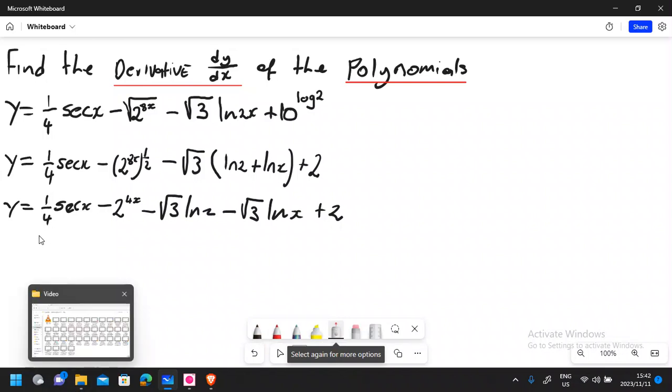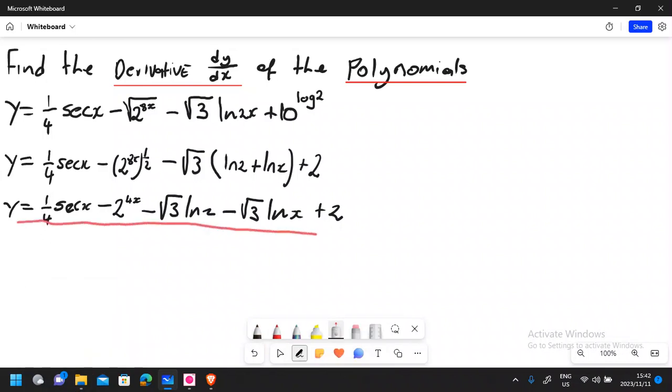This one here, guys, is our function in the standard simplified form. Everything now is fine. We can start deriving here. All right, now let me just do some line here so that I can write the general formulas for deriving, guys. Okay, now let's start with the first one here.